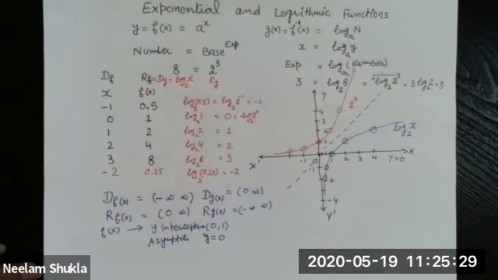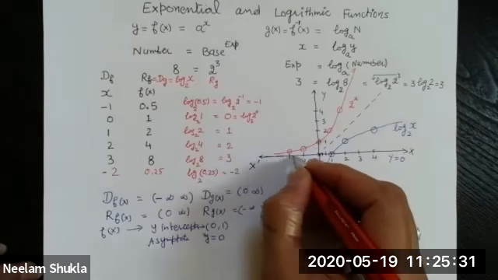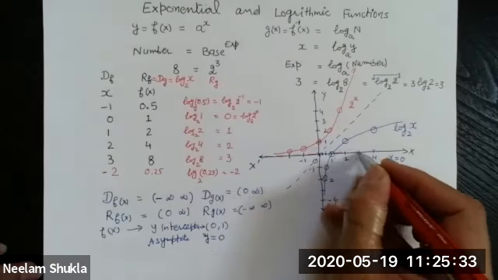Y equal to 0 works as asymptote to the exponential functions.